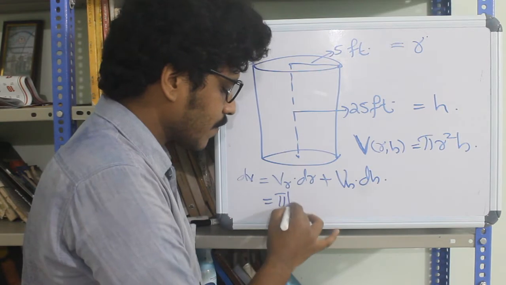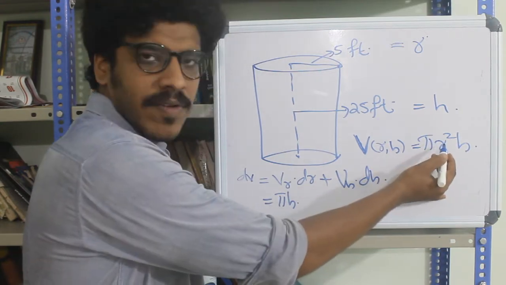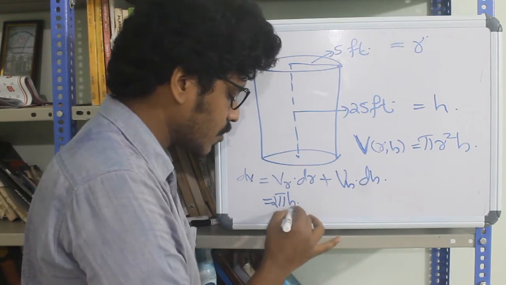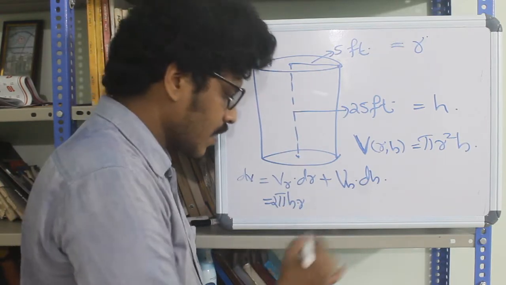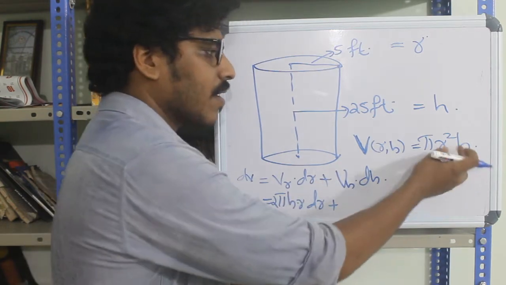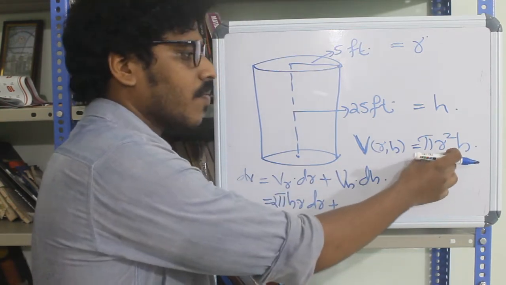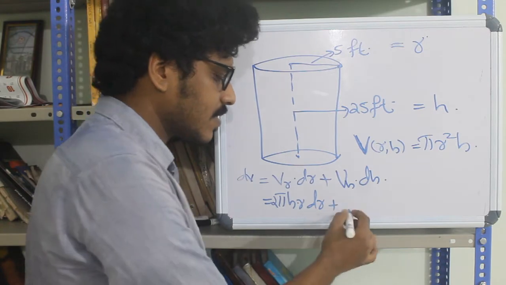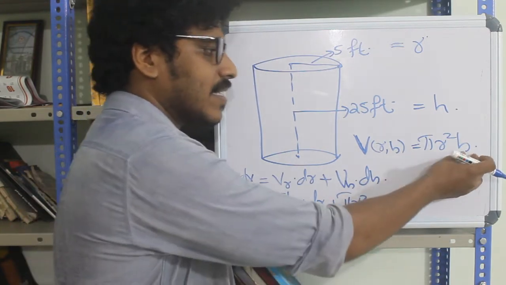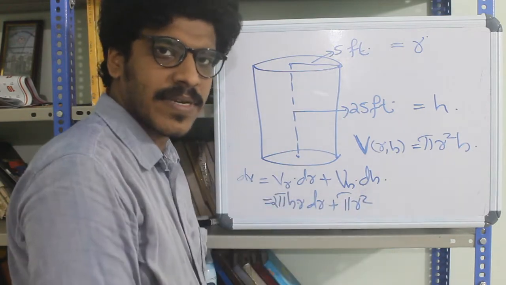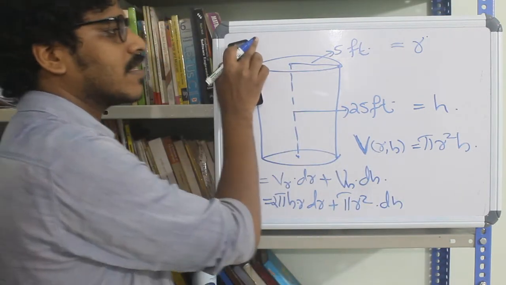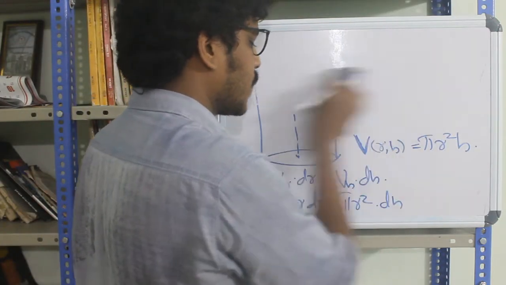Pi and h will remain constant. r square will be left, and the derivative of r square with respect to r is 2r, so it will be 2 pi h r into dr plus what is Vh? h remains as h, so pi and r square will be constants, pi r square, and the derivative of h with respect to h is 1, into dh. So for now I'll just erase this part.